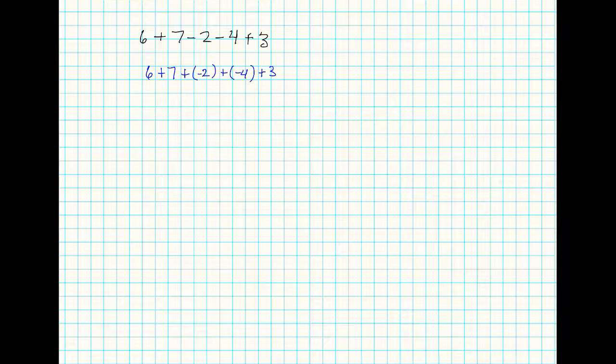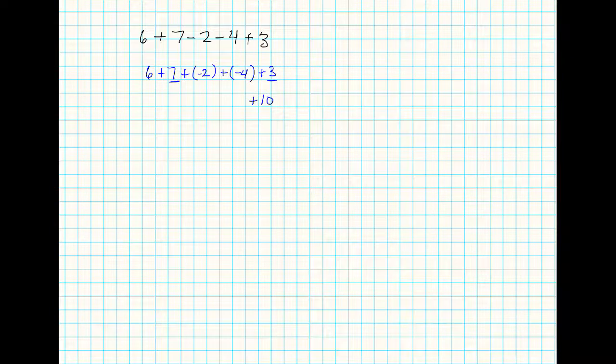So sometimes it might be actually very helpful to add things in some other order than straight left to right. So maybe you might see a 7 plus 3 and see that as like a friendly number that you like, and that is 10.